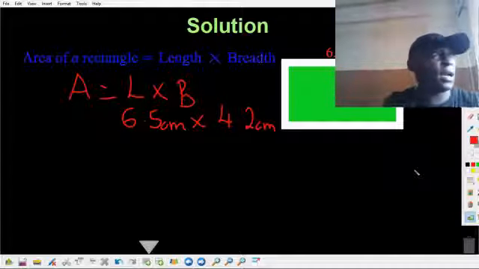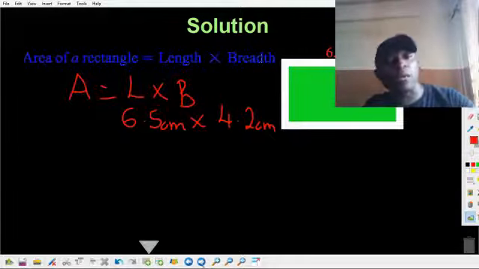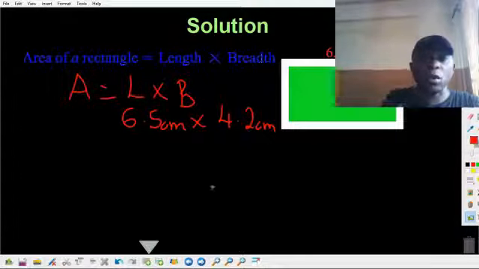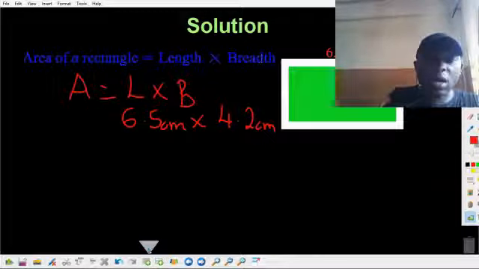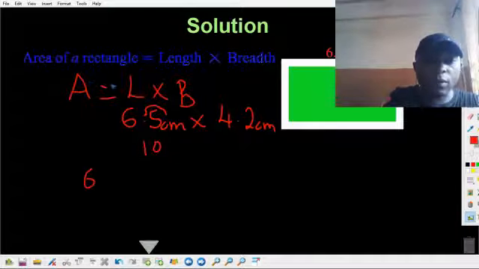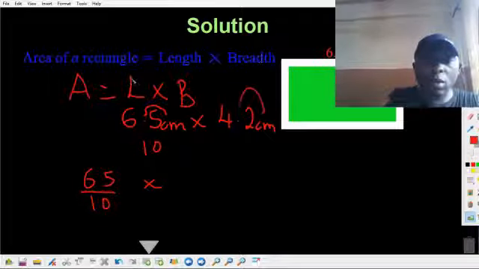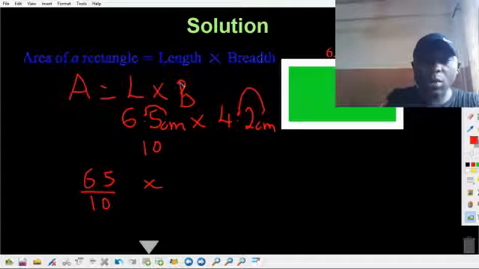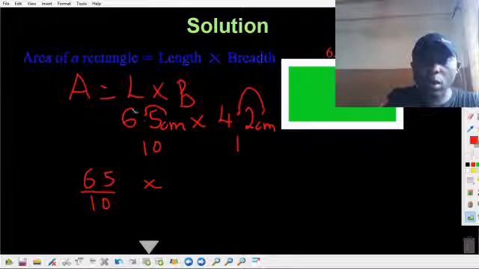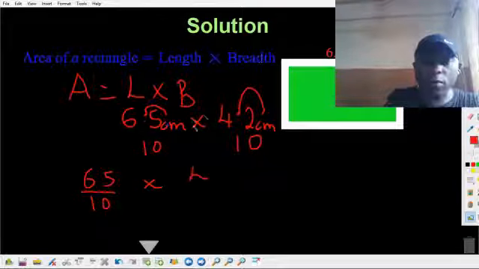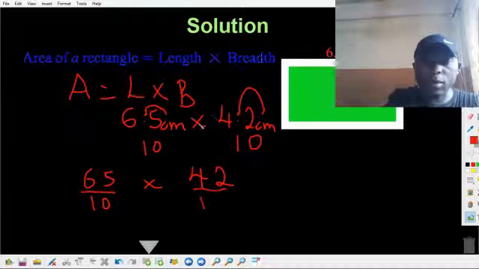Like I said earlier, the best way to multiply decimal numbers is to convert the numbers to fractions. Here we have one decimal, so we're going to count one decimal. We have this as 65 over 10. Convert the second one, we have one decimal, so the point will turn to 1, then any other number you have on that will be 0, so we have 42 over 10.